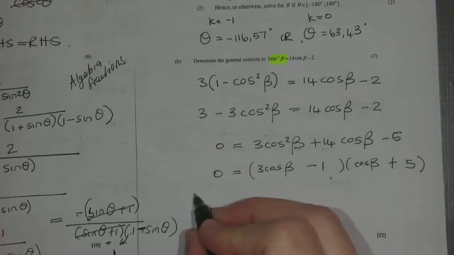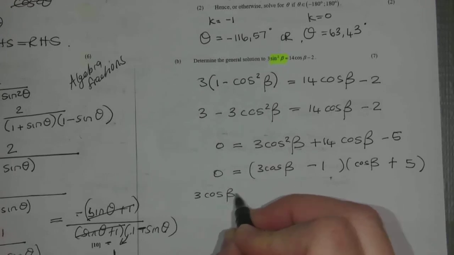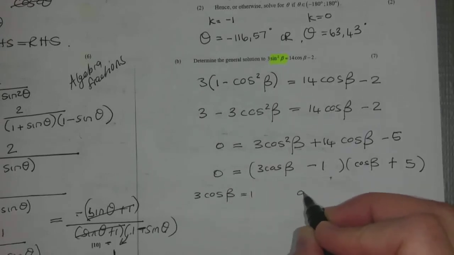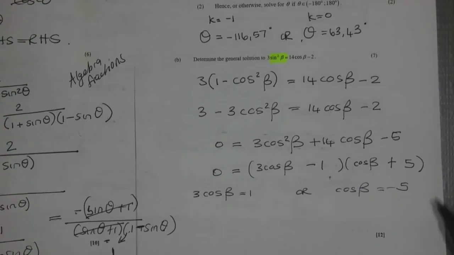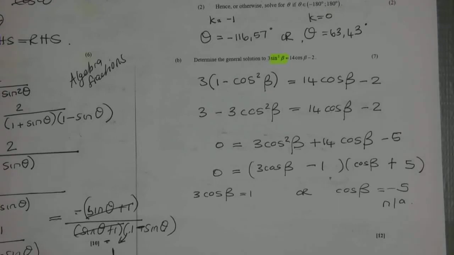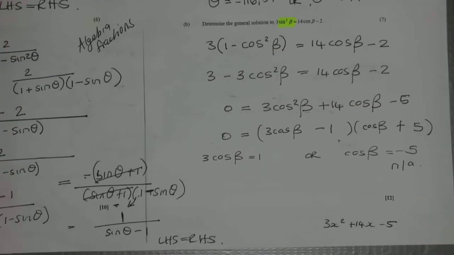Okay, so I'm going to have 3 cos beta equals to 1, or I'm going to have cos beta equals to -5. Because my cos graph doesn't support the -5, I am going to write non-applicable there.